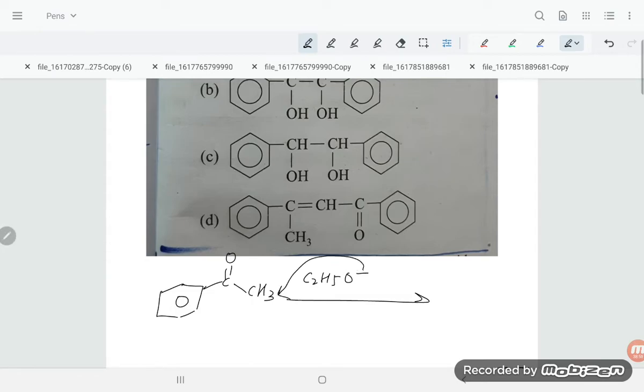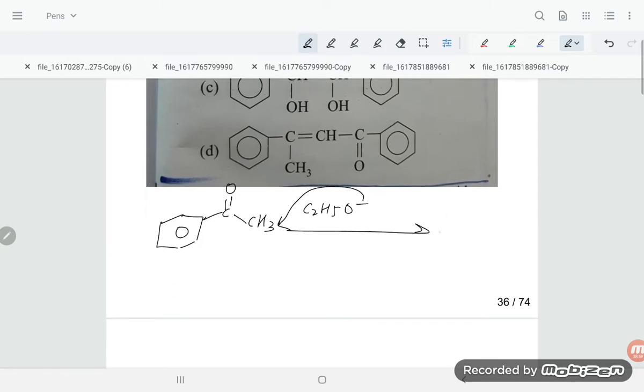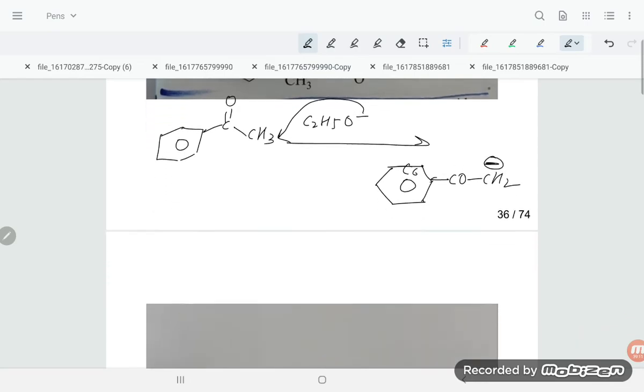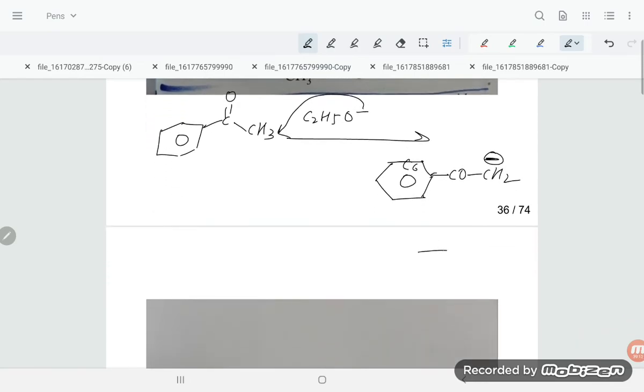So this is getting attracted, so one anion will form. Let us write in this format: COCH2 with negative charge. Our negative charge is there, that is okay. But the other thing here is CH3, this is the aldehyde group.